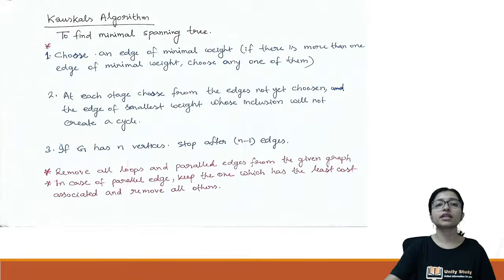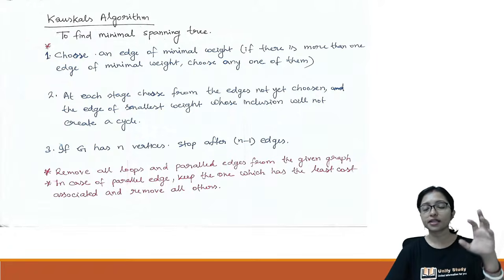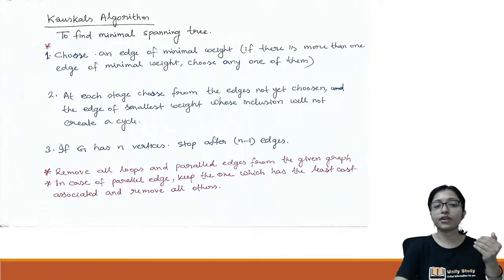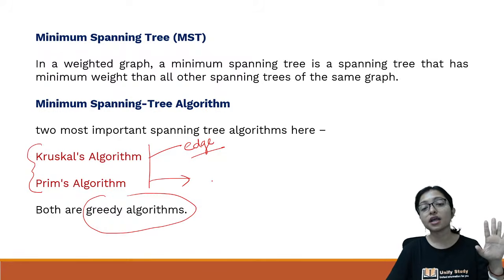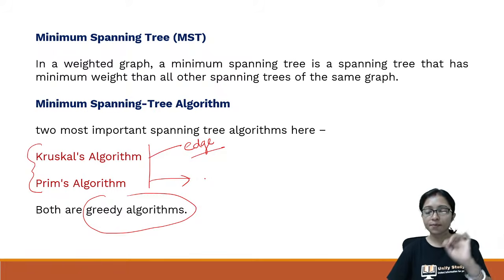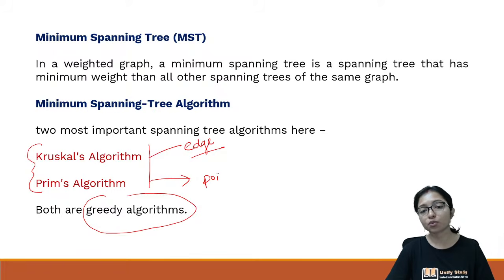So here, how is it focusing? What is the main difference between Kruskal's and Prim's? I am telling you. Kruskal's focuses completely on the edges of the graph. Prim's will start with a specific vertex. You can remember Prim's with point. Point means vertex. That is the short trick to remember.